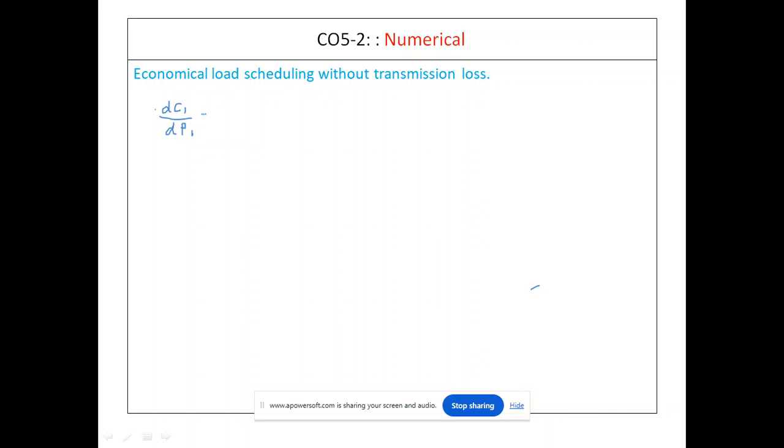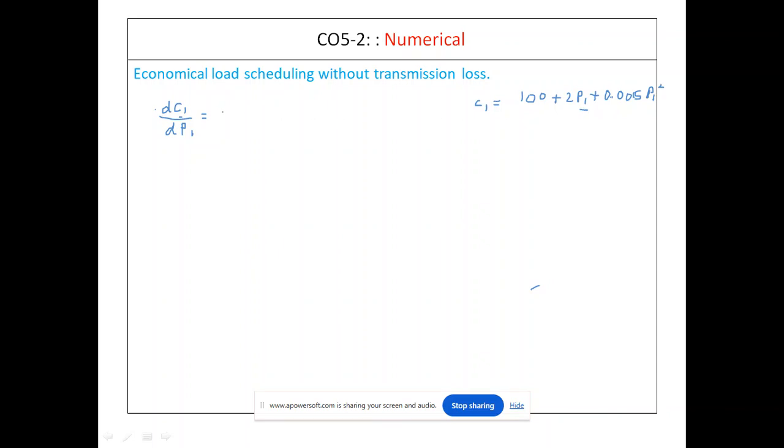C1 is given as 100 plus 2P1 plus 0.005 P1 square. I differentiate this equation with respect to P1.